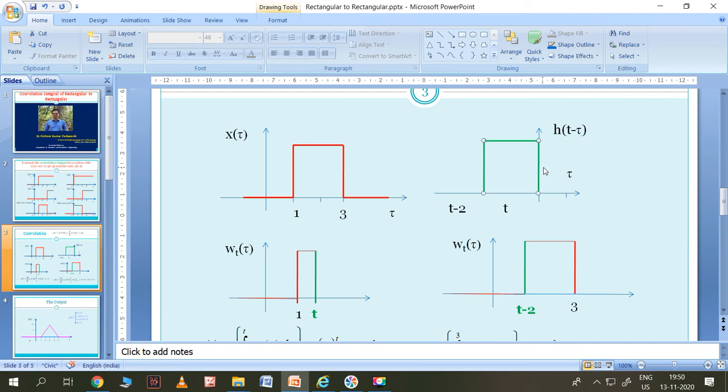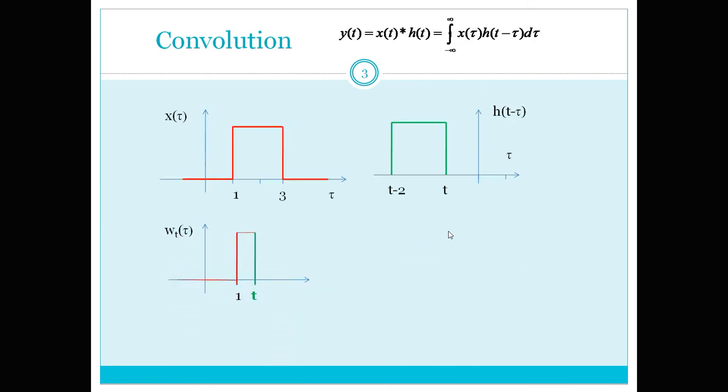Now I need to shift this t units to the left side. So minus 2 should become t minus 2 and 0 should become t. That is the concept. Simple. So now this is called h of t minus tau.